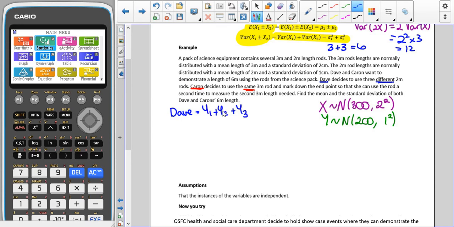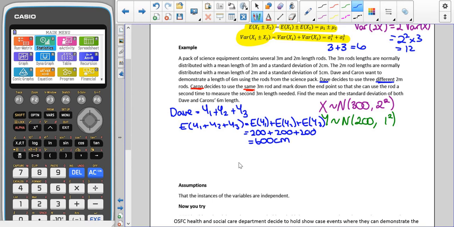These are 3 separate 2 metre rods, which means that when we're finding the distribution of them, our expected value is going to be the same as the expected value of Y1 plus the expected value of Y2 plus the expected value of Y3. Which would give us 200 plus 200 plus 200, which gives us 600 centimetres.